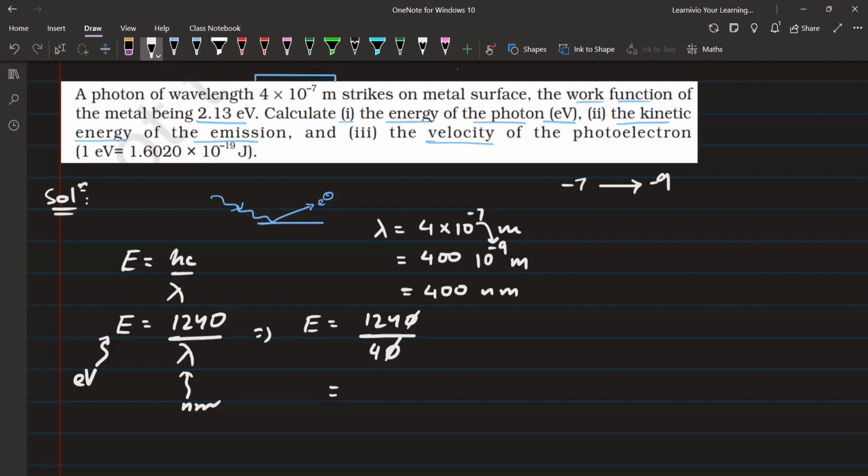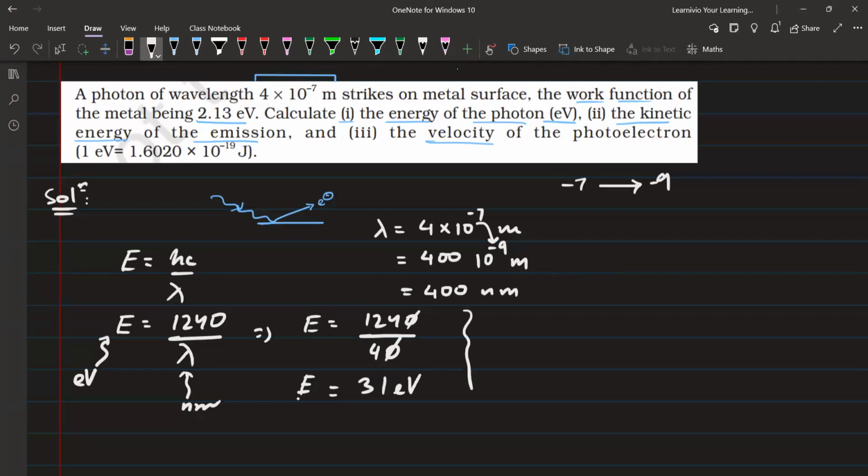So 4 3s are 12, and then 4 is going to come down, and you will get 31. The energy of the photon is equal to how much? 31 electron volts. Correct? Make sense, Alina? Yes, sir.